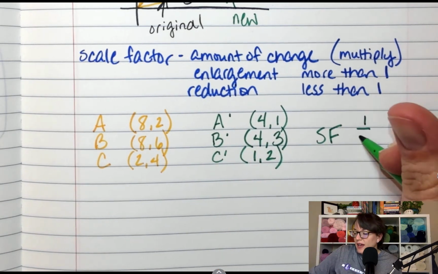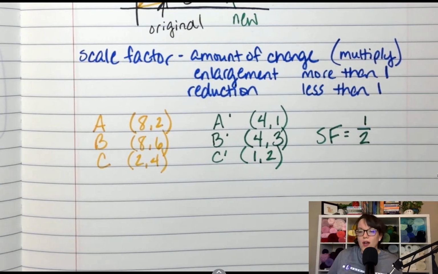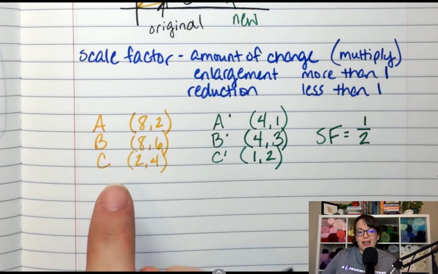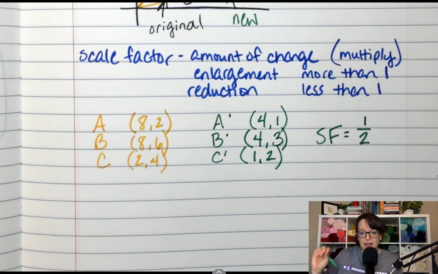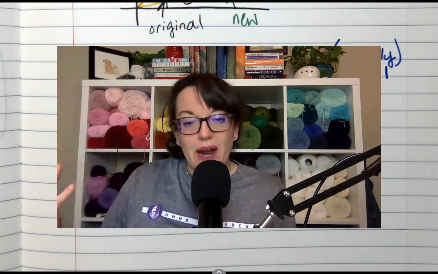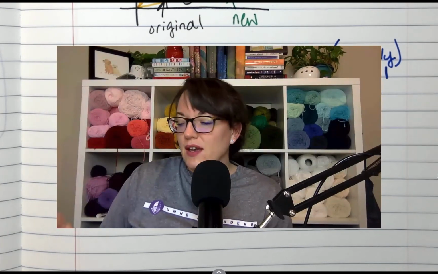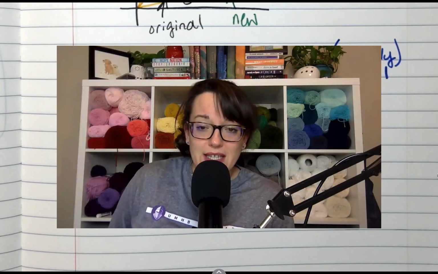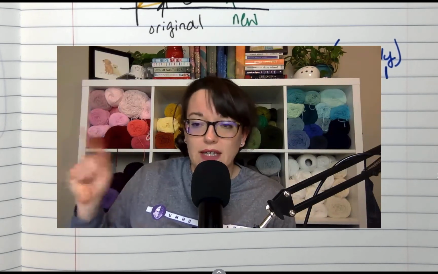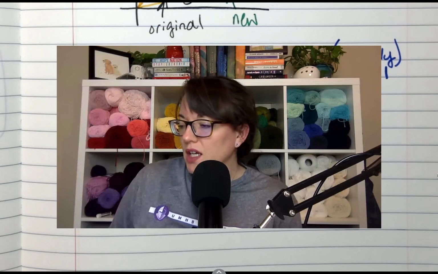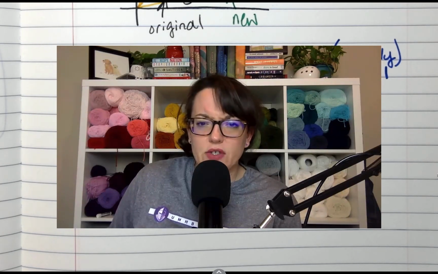So my scale factor is 1/2. What you do with your scale factor is you multiply each coordinate by the scale factor to get the new coordinate. This takes practice. You'll really get the hang of it. Revisit that Desmos activity. That was really great. I'll link it in the description.